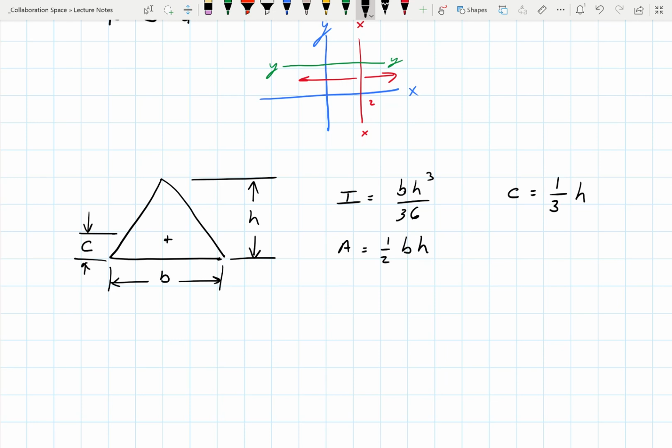Okay. Or if you have to, you can always do 2/3 of H will get you down from the top. But considering this would be 0, moving up that way, this would be 1/3 H. Make sense? Okay.